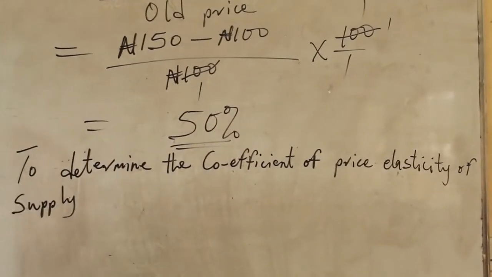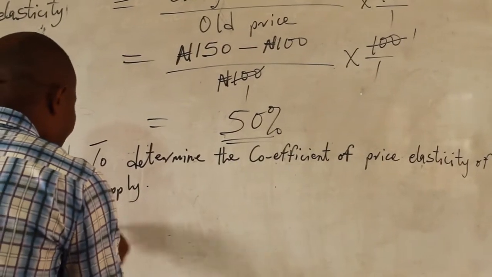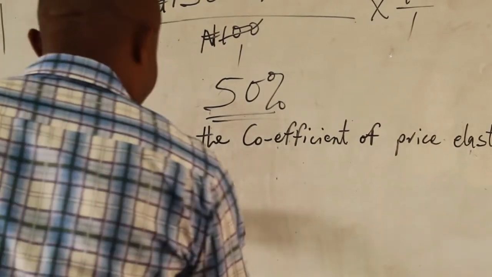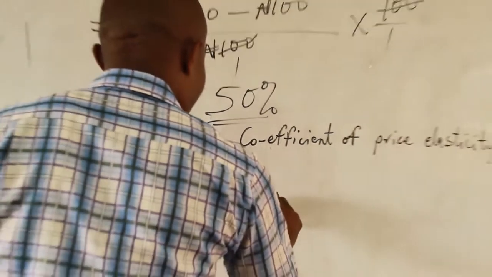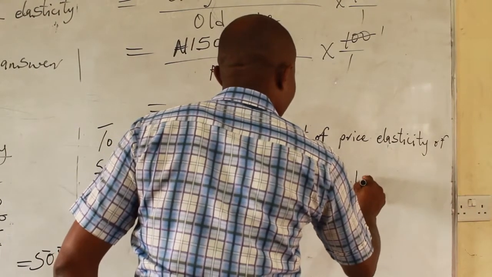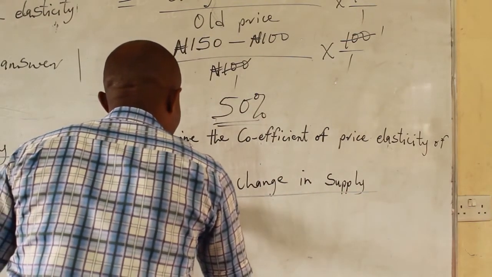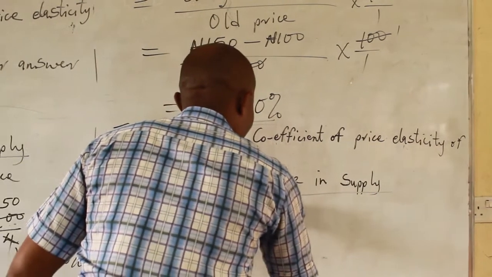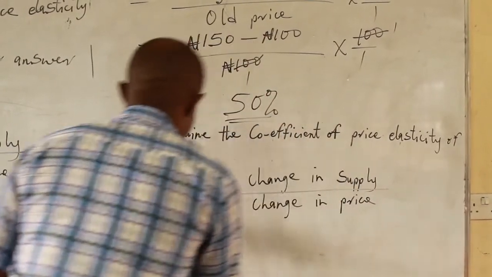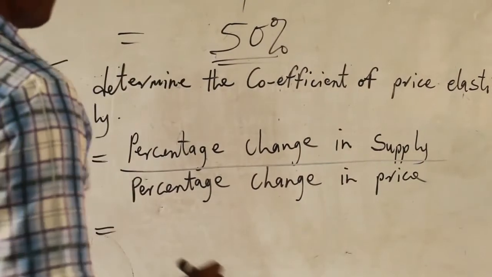Okay, to determine the coefficient of price elasticity of supply, we have ES equals percentage change in supply all over percentage change in price, where the percentage change in supply is 50% and the percentage change in price is 50%.